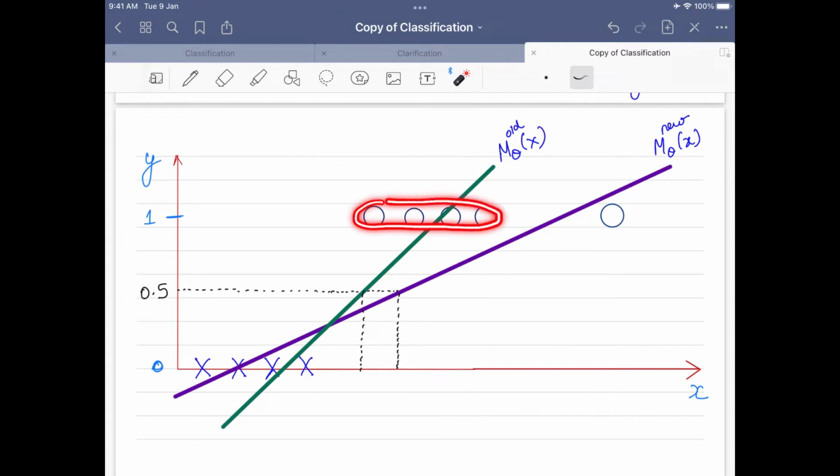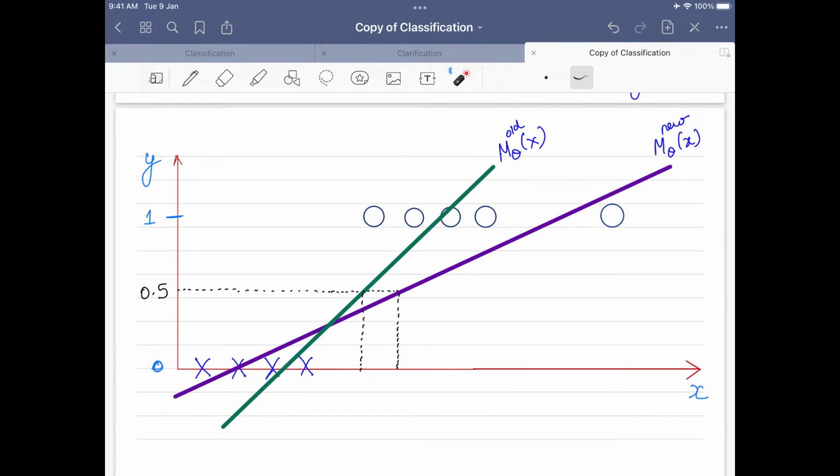You recall that when we were using L2 regression, I told you that if there is an outlier far away from the original distribution, the regression line will actually change. Recall that from our earlier lecture.